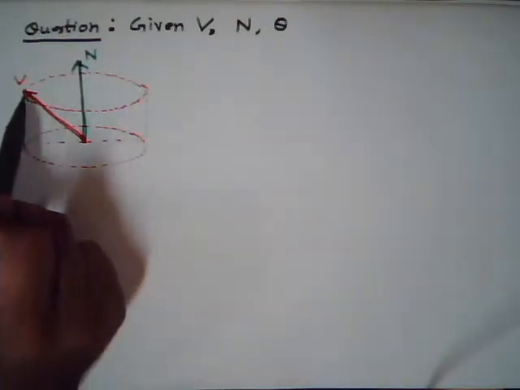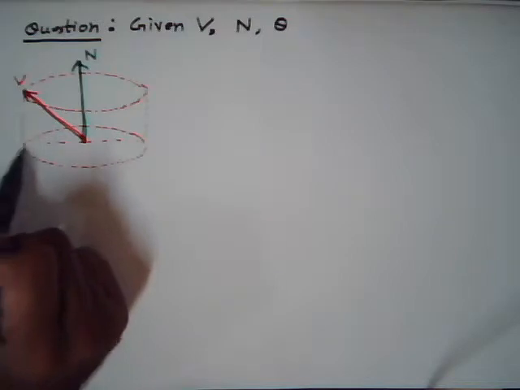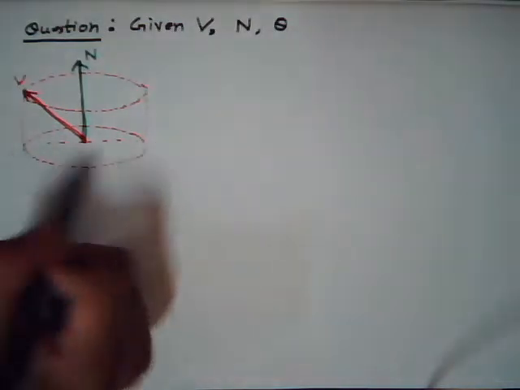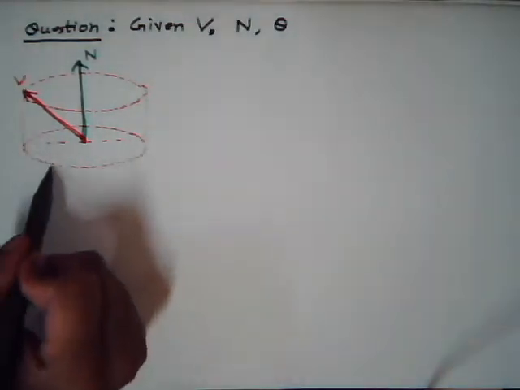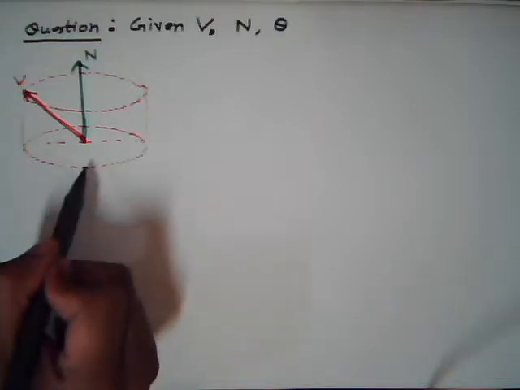That means if I project the tip of this vector V on this horizontal plane, then that rotates along this circle.